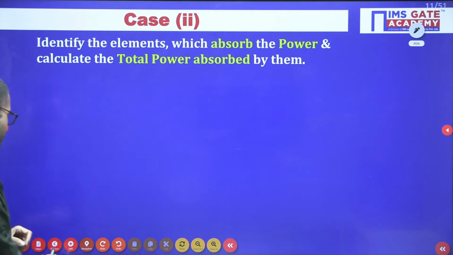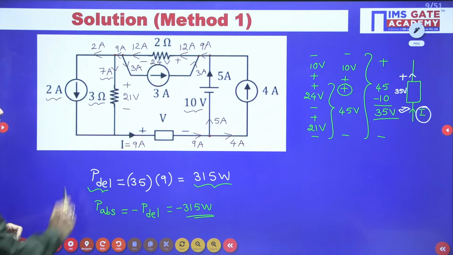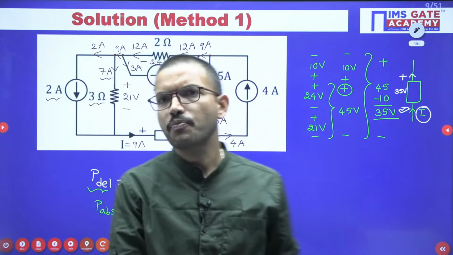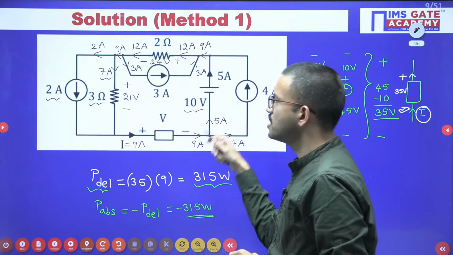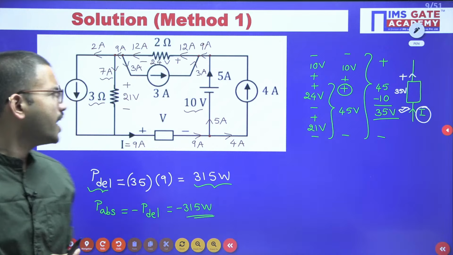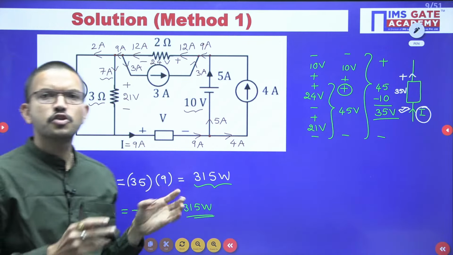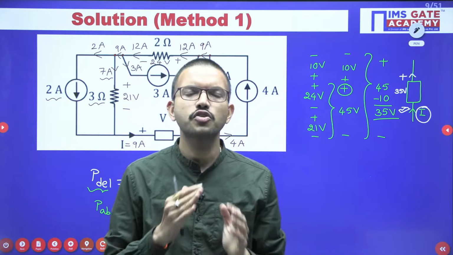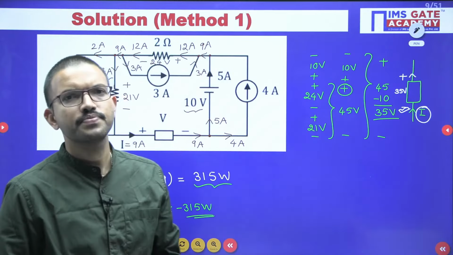All of you give it a try. Just by observing this circuit diagram, try to identify among all which elements are absorbing, which elements are delivering, and together how much power you are getting from those absorbing, and similarly from those delivering.